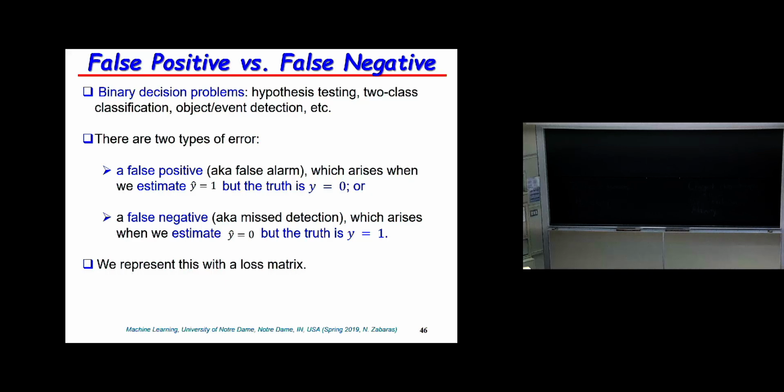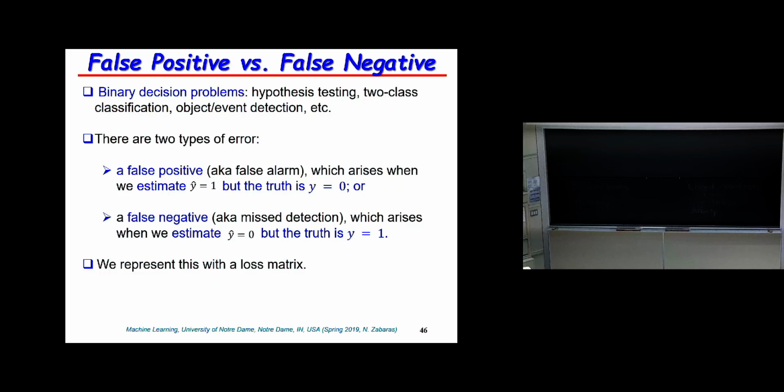So think we classified something belongs to class 0 or 1. So we don't really know the truth. The truth here is denoted with y. So we don't know if y equals 0 or y equals 1. And so what y hat is, is our estimate, the result of our classifier trained with some data.